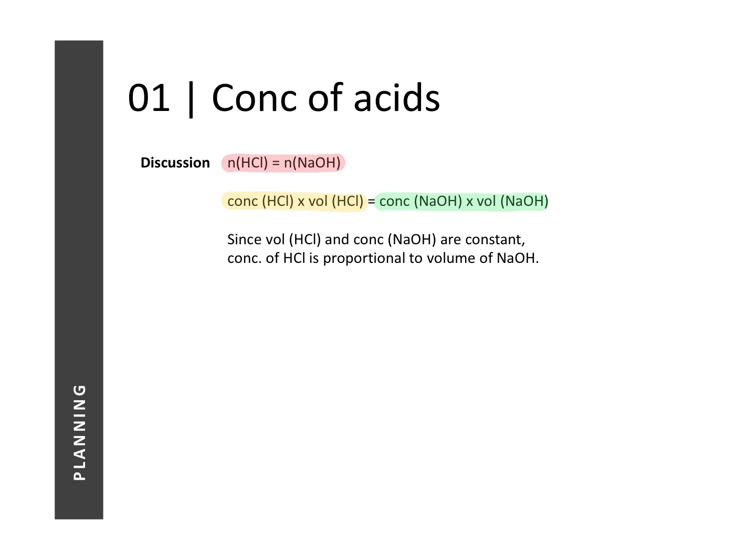Now, in the experiment, we have very clearly stated that the volume of HCl is kept constant, and also that the concentration of NaOH is kept constant. So if we replace them with constants, let's say K, it becomes very clear from the equation that the concentration of HCl is directly proportional to the volume of NaOH.